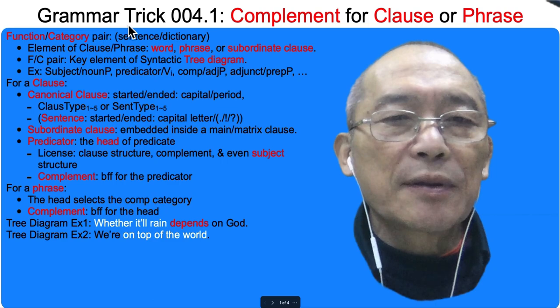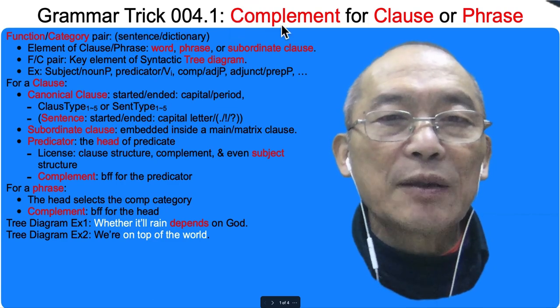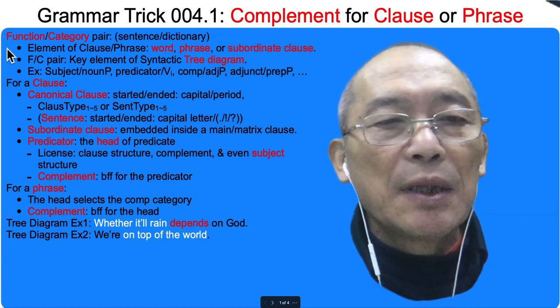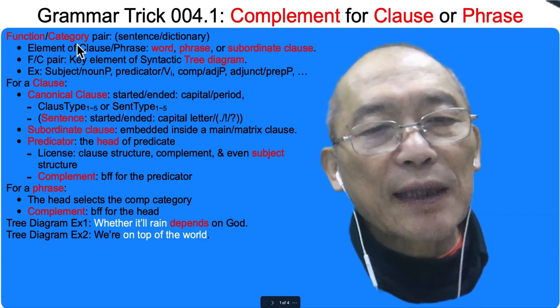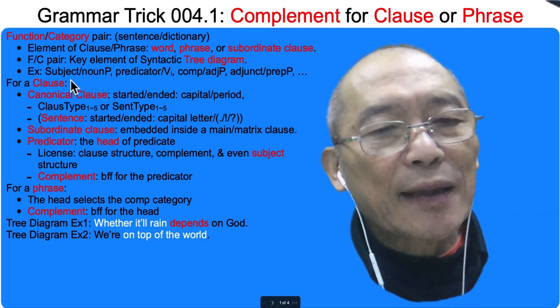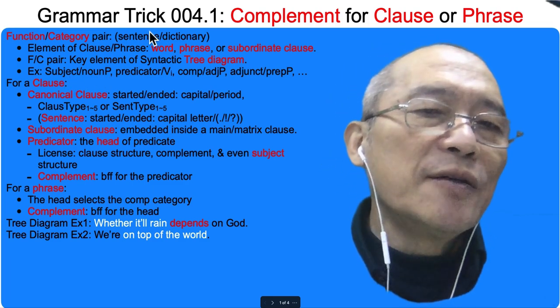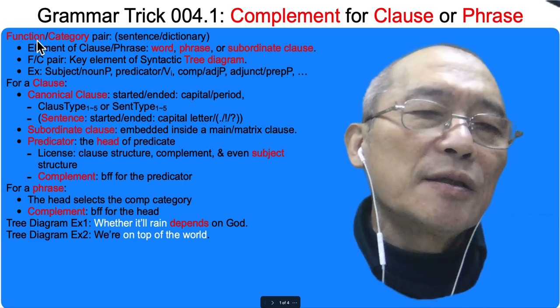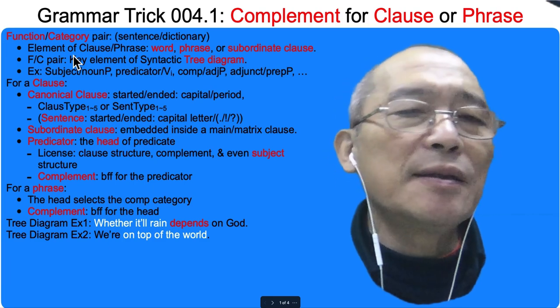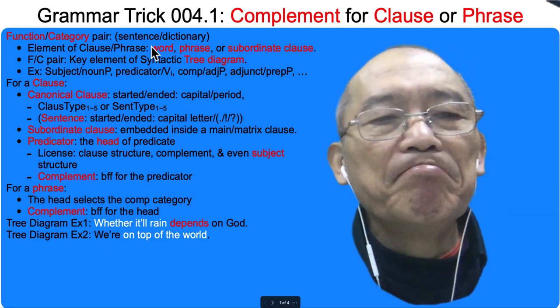This is the fourth grammar trick, and we will talk about the complement for a clause or phrase. First, we need to understand what is a function category pair. Like a noun phrase could be acting as the subject for a sentence. So a function is the role an element plays in a sentence structure.